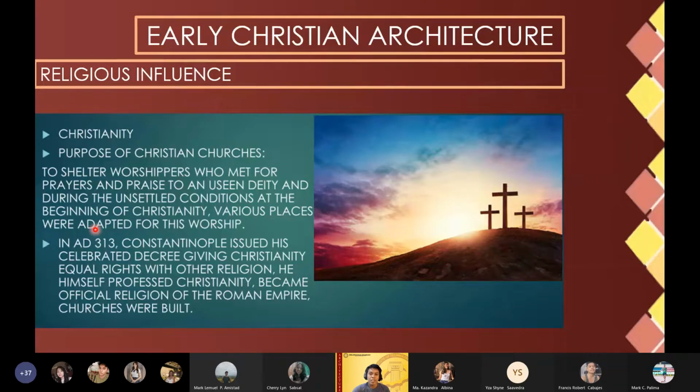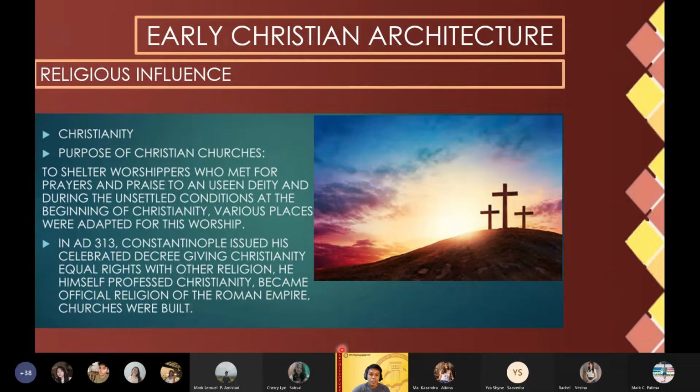The buildings we will discuss are from when early Christian architecture really started, when they had an area wherein they could develop their own shelters and buildings.